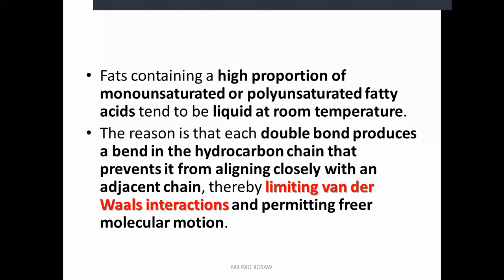For van der Waals interactions to occur, these molecules need to be aligned closely to each other. However, due to the double bond, there won't be a close and proper alignment. This limits the van der Waals interactions and permits freer molecular motion. So unsaturated fatty acids are more free to move, and hence they become liquid at room temperature.